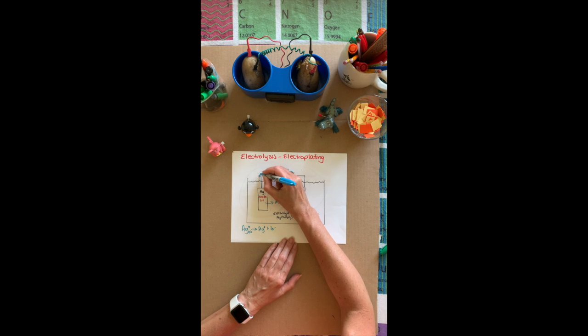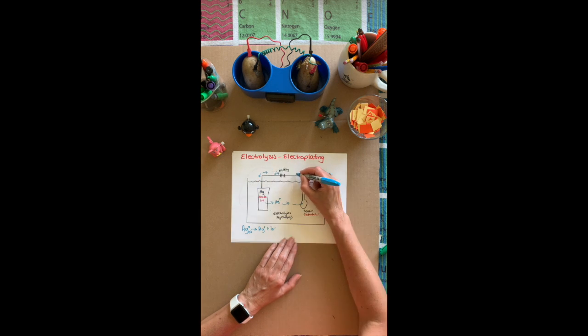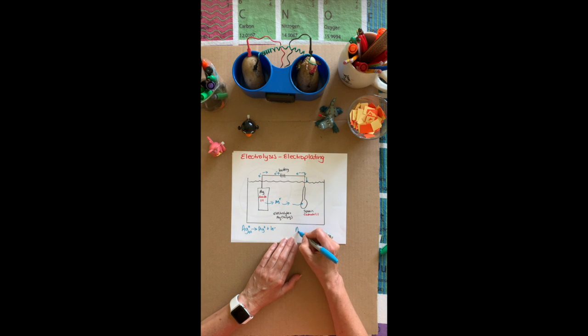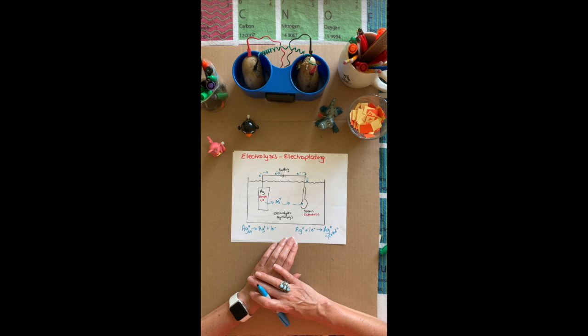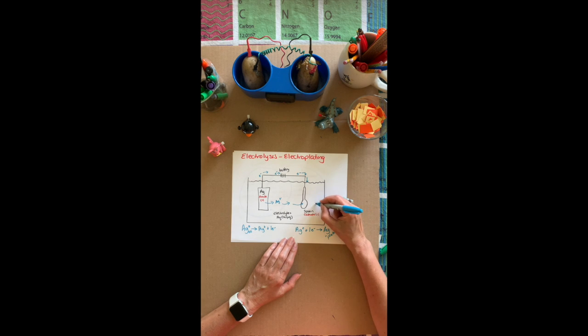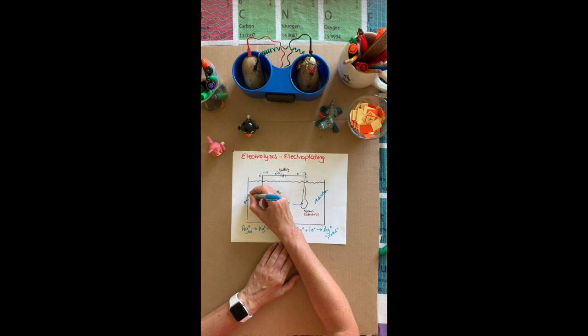Why? Because these little electrons are traveling down to that cathode where the silver ions pick that up. So then we end up having silver ions plus that electron to make solid silver on the surface of that spoon. This is the reduction half. This is the oxidation half.